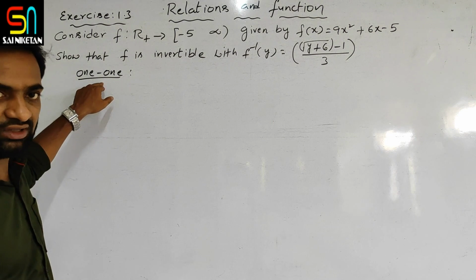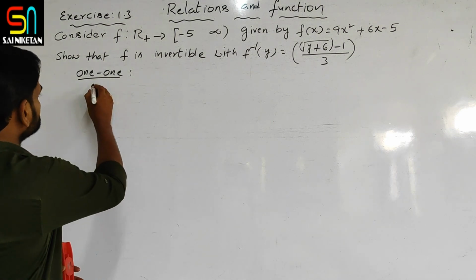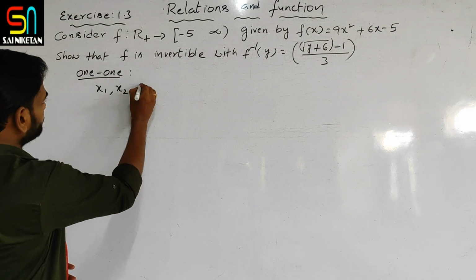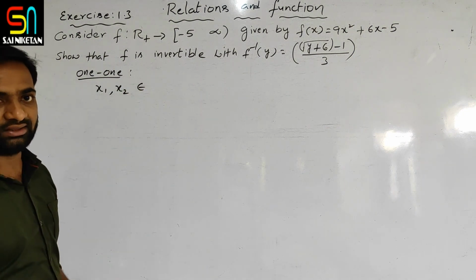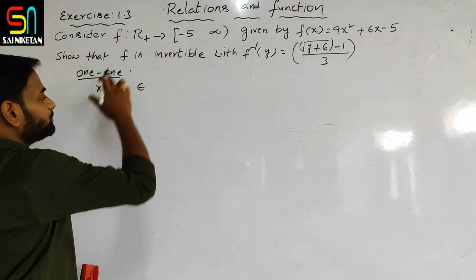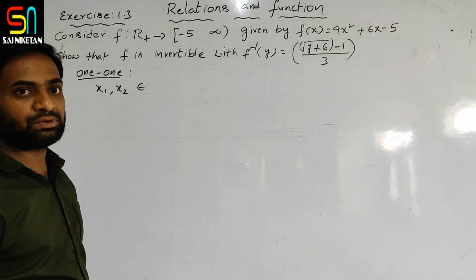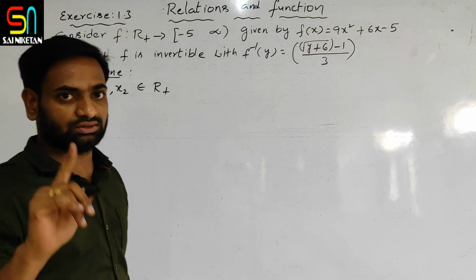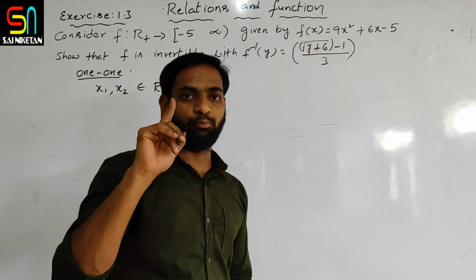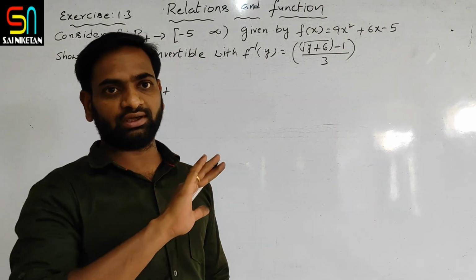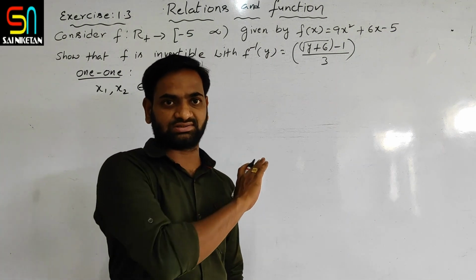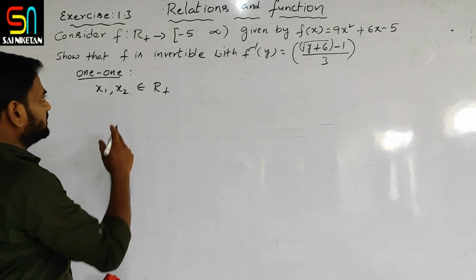First condition is 1-1. Now in this one, I am choosing two values, that is x1 comma x2 belongs to the domain. What is the domain? R plus. What does R plus mean? Positive real numbers. Remember this one. Have to take only positive values. Don't take negative values. That means there is no minus, only plus. Now see here.